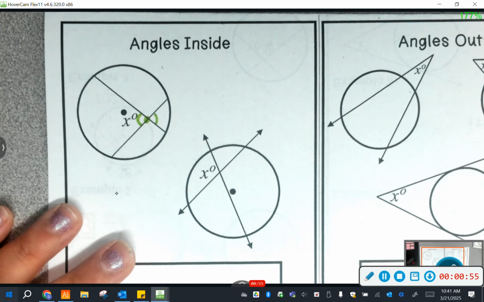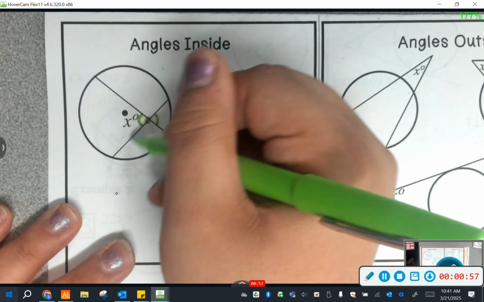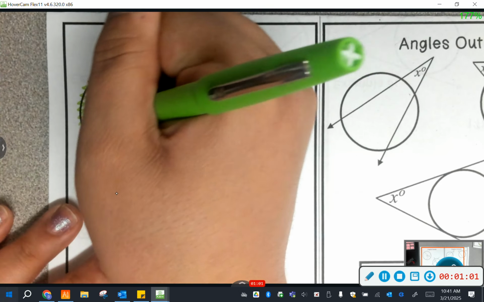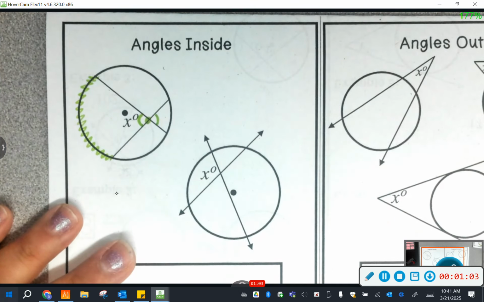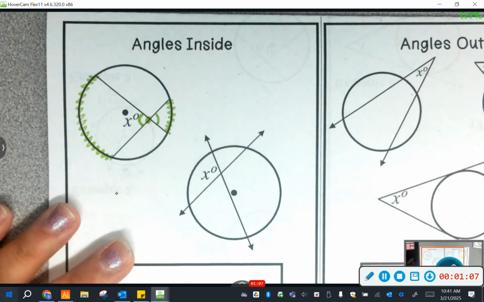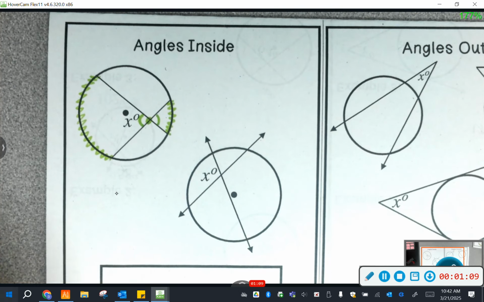When these two lines cross and form that angle, they create a big arc right here and a small arc right here. One will always be bigger than the other. If they're equal, then it's a central angle and you don't have to do this.